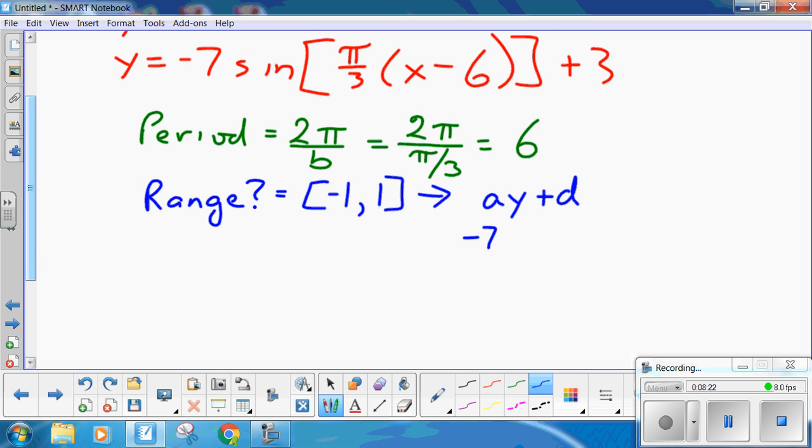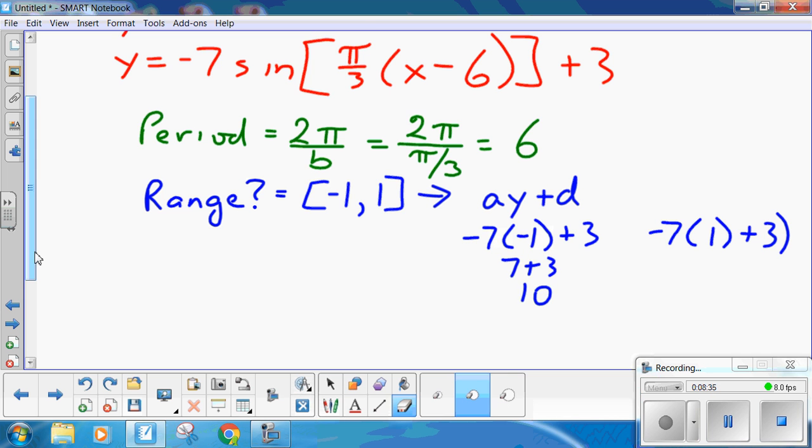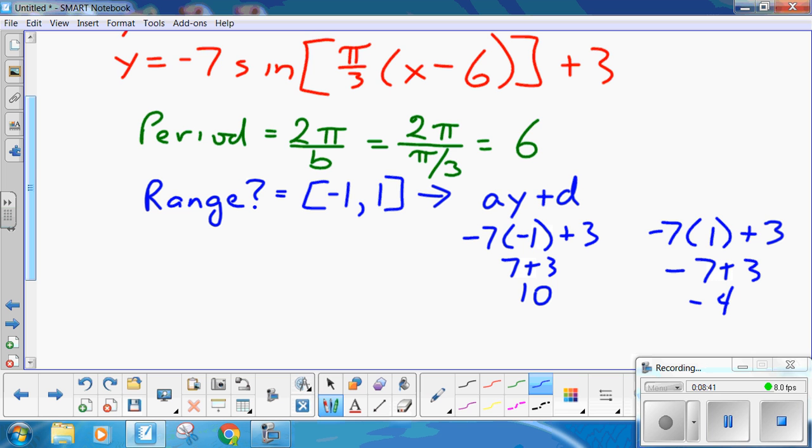So minus 7 times minus 1 plus 3. 7 plus 3, or 10. And minus 7 plus 1 plus 3, or positive 1. So notice you get a reflection across the x-axis, so you knew the range is minus 4 to 10.